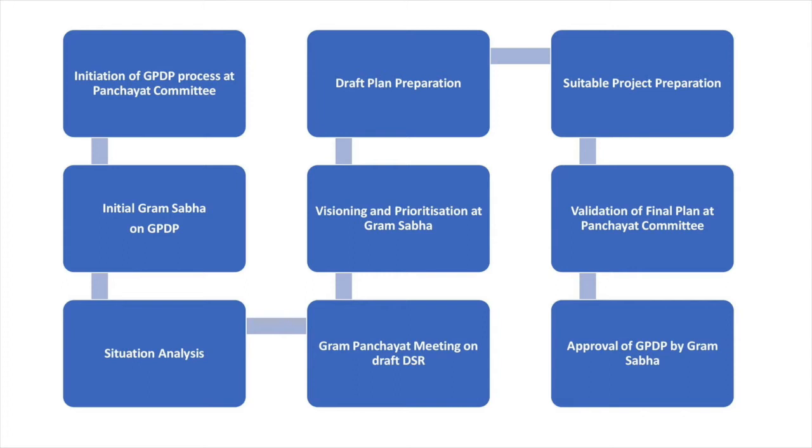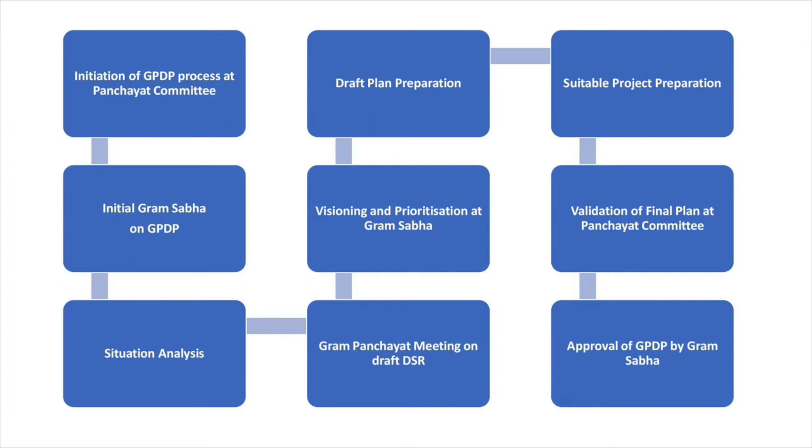Coming to the first step, that is the initiation of the Gram Panchayat Development Plan process at the Panchayat Committee. Here the resource person or the charge officers trained in Gram Panchayat Development Plan should explain in detail the concept of Gram Panchayat Development Plan and its process to the full Gram Panchayat Committee.